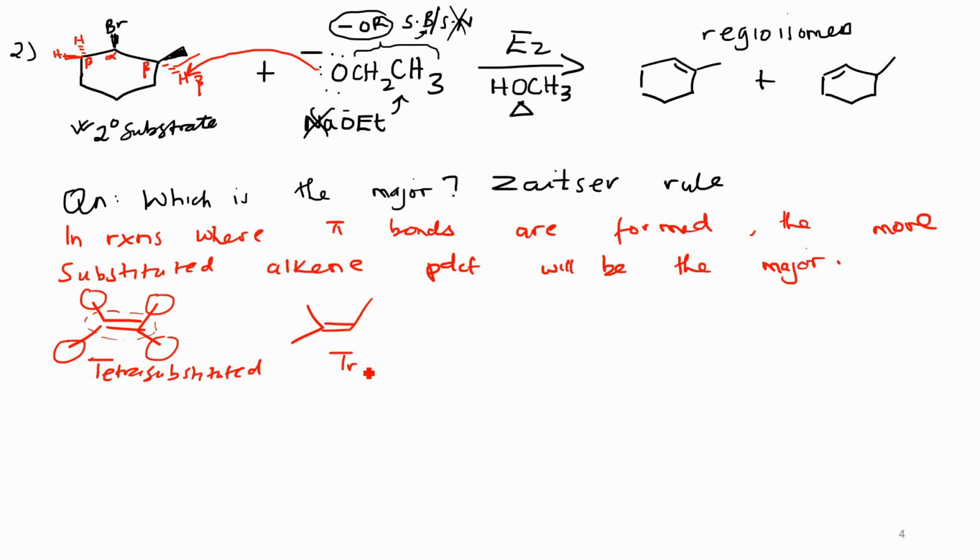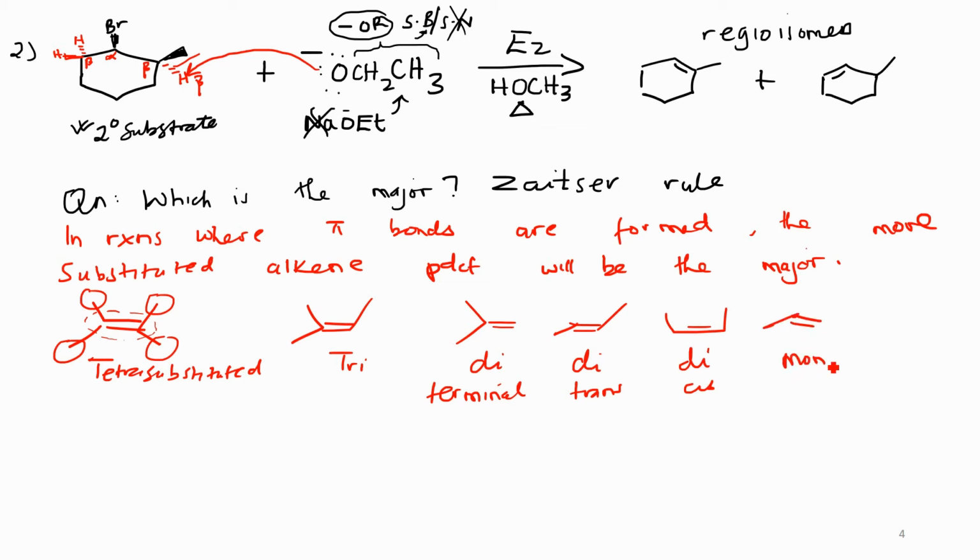Obviously this is tri, and then this is di, this is still di, and the Z isomer, this is di-trans, this is di-terminal. The groups are on one end, so it's terminal. This is di-trans, and this is di-cis. And then from there you go to mono substituted, and then from there obviously you go to the babiest, which is unsubstituted, and that happens to be the baby alkene.